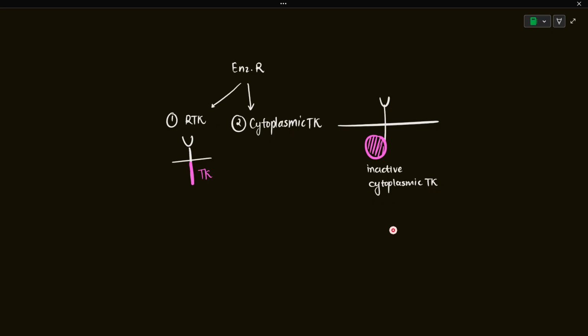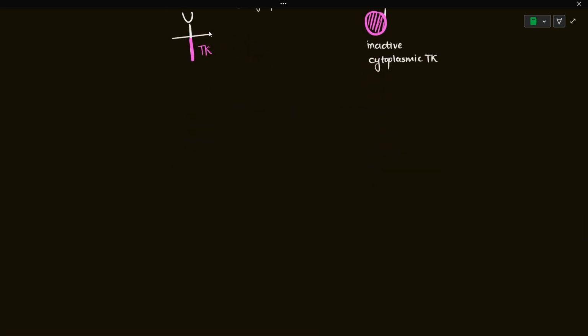This is also a cytoplasmic tyrosine kinase which is coupled with a receptor, the receptor which receives cytokines, and it can also receive certain hormones. So today we are going to discuss the JAK-STAT pathway, the Janus kinase signaling pathway. Let me write it down for you.